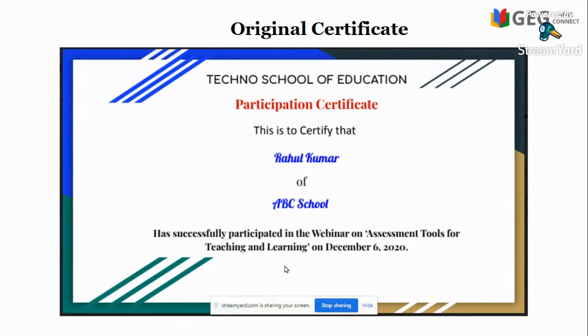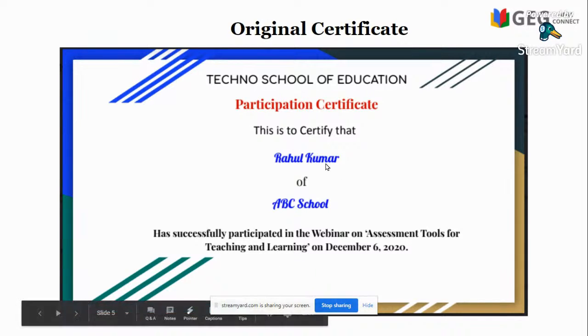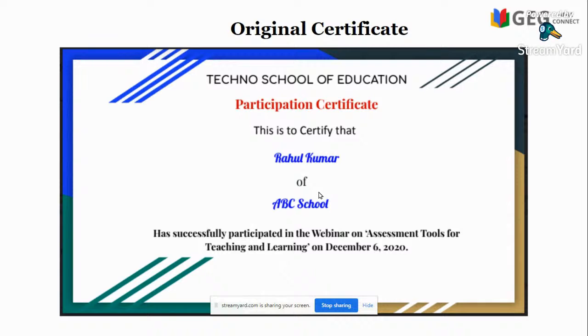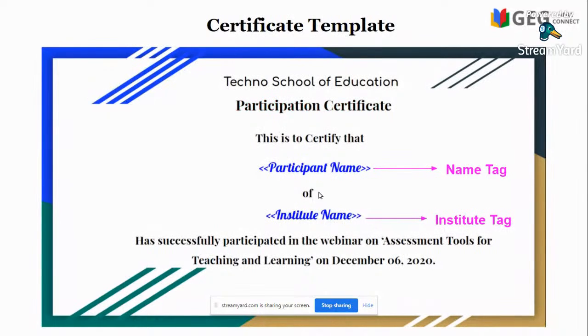Now, if you see in this certificate, most of the content is fixed for all the participants. Only the name where you are seeing Rahul Kumar and ABC School. So only these two things will keep changing for every participant. Otherwise, it's going to be fixed for everyone. So let me show how we are going to design a template using Google Slide. So everything is the same.